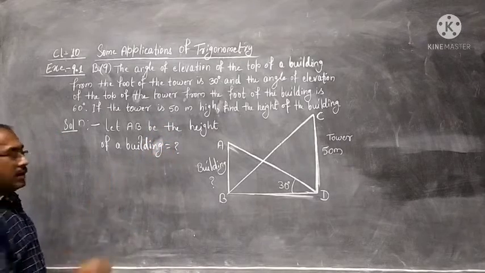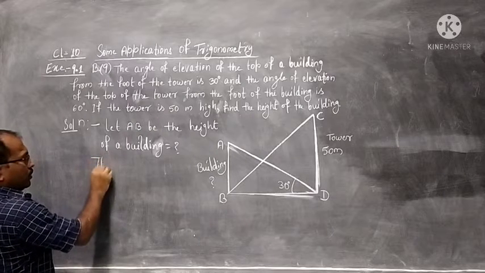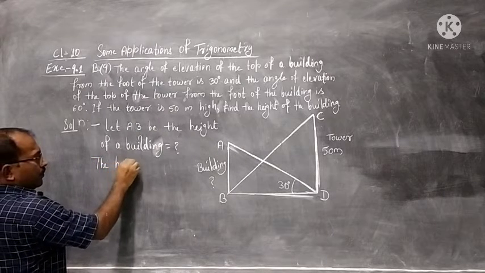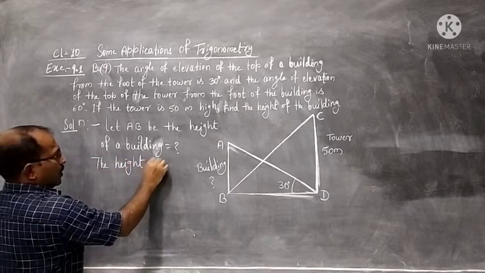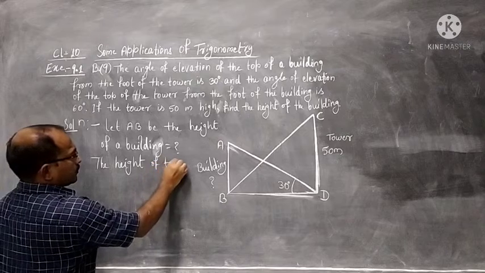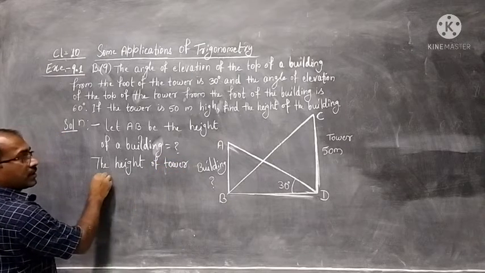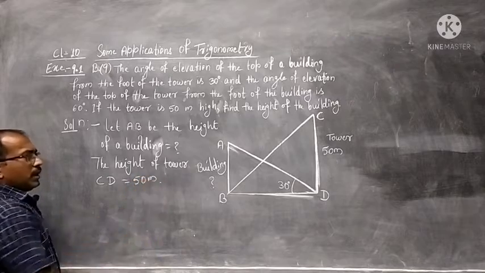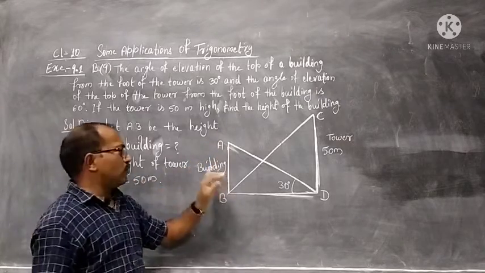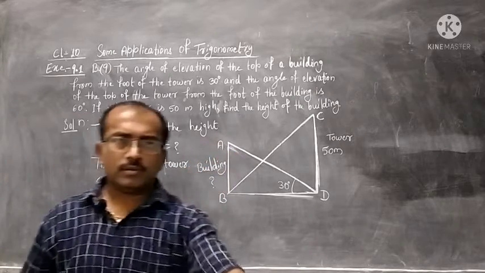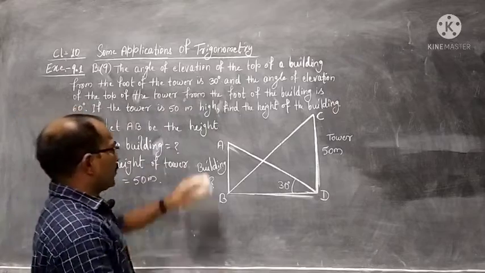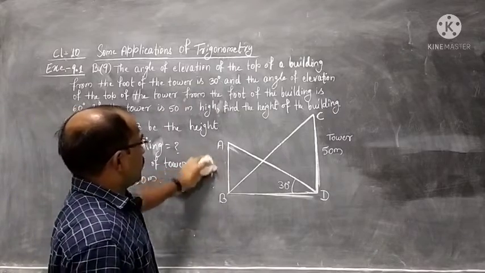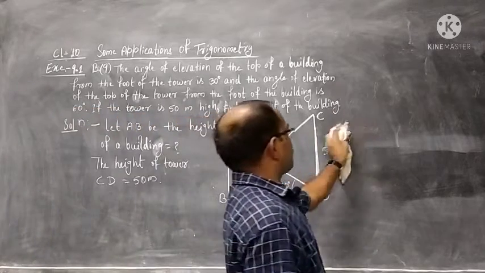The height of the tower is CD, that is given, 50 meter, and we are clearly seeing these two. Actually, no need to write here building and tower. We have mentioned it in the introduction portion.